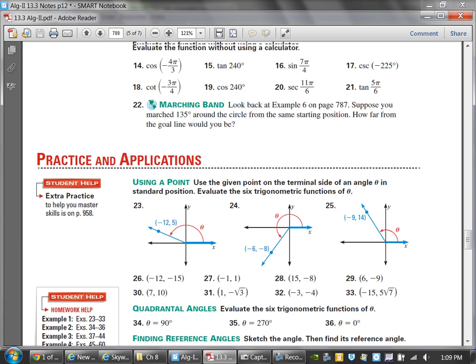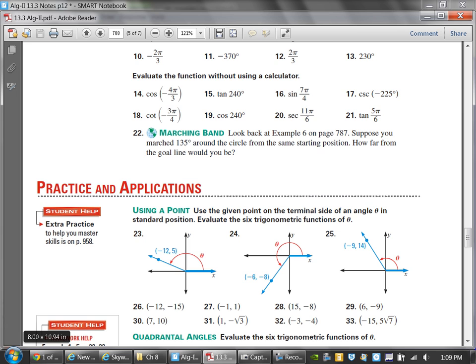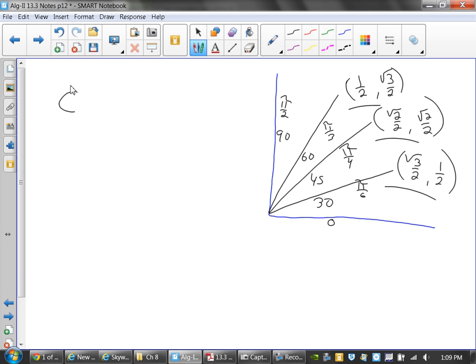I want to look at the cosine of negative 4 pi over 3. And how I'm going to do that without anything else is to first draw the angle and find the reference angle.